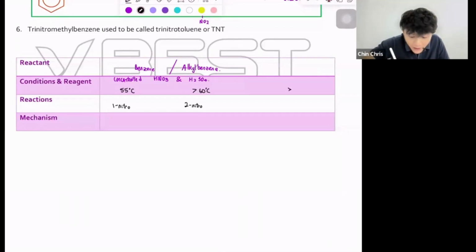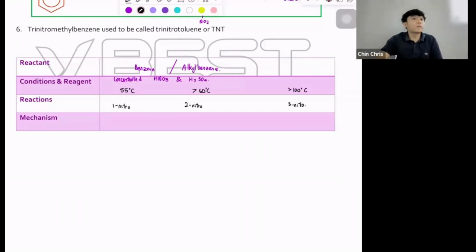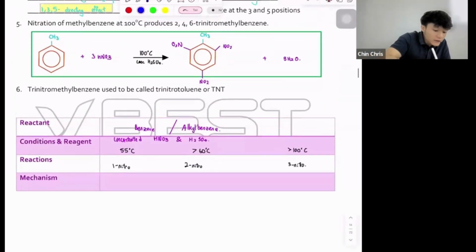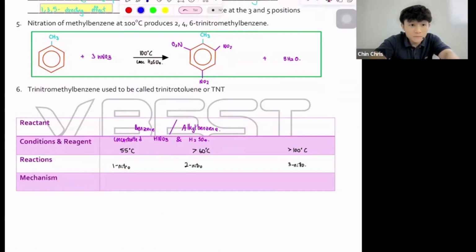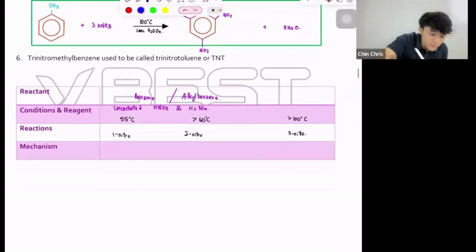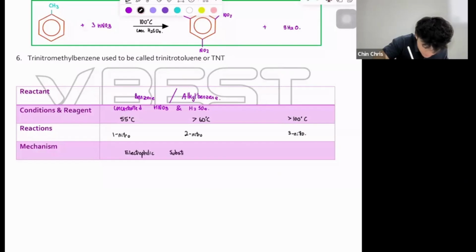If you're going for more than 100 degrees, you get 3 nitro groups. And remember, you are substituting from the ring, so it's always electrophilic substitution. Mechanism: electrophilic substitution.